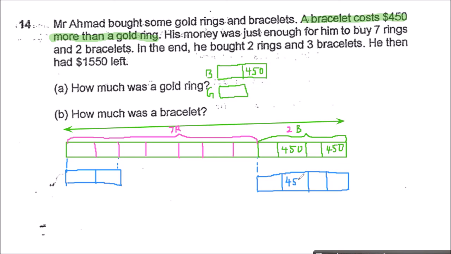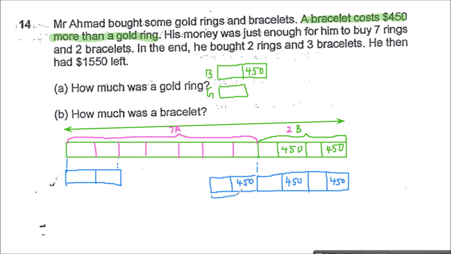So 450 and 450. But he actually bought an extra bracelet, right? So we'll just have to draw this in. Okay, so he has an extra 1 unit at 450.